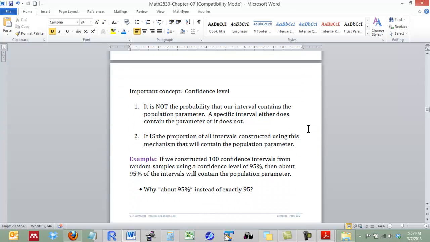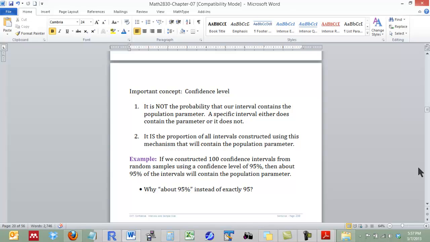Just remember again, confidence level is not a probability that our interval contains our parameter; it either does or doesn't. Again, it's our proportion, right? So if we constructed 100 confidence intervals from random samples using a confidence level of 95%, then about 95% of those are going to contain our parameter. Why do we say about?